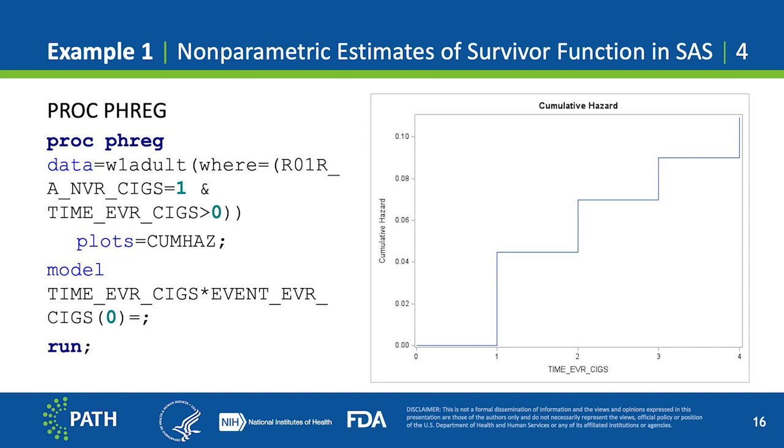If you are interested in the cumulative hazard, there is another possible way to get this plot. We can use PROC PHREG to get cumulative hazard plots. The basic setup is very similar to PROC LIFETEST, but instead of using the TIME statement, we are using a MODEL statement.